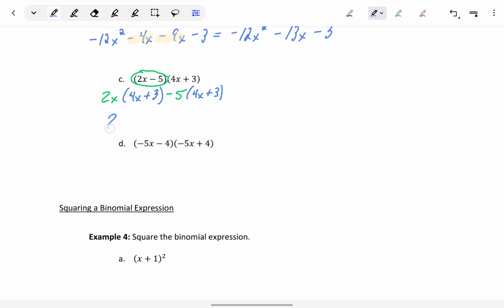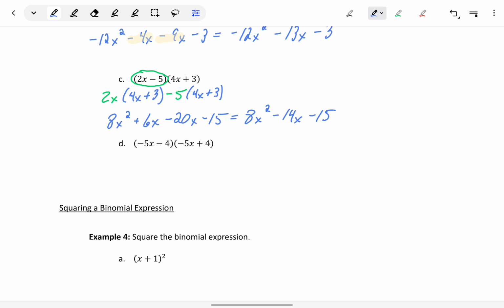And then we'll distribute through again to get 8x squared plus 6x, and distribute through again to get minus 20x minus 15, which will leave us with 8x squared minus 14x minus 15.